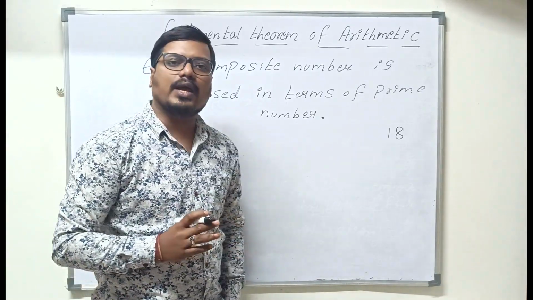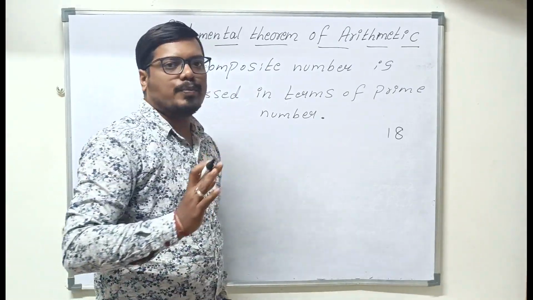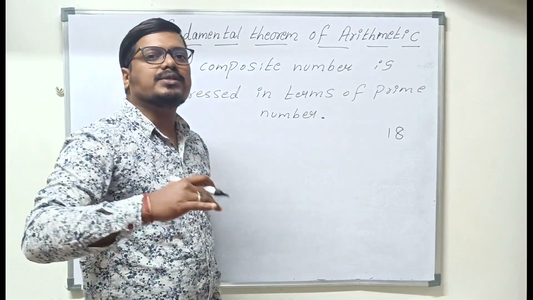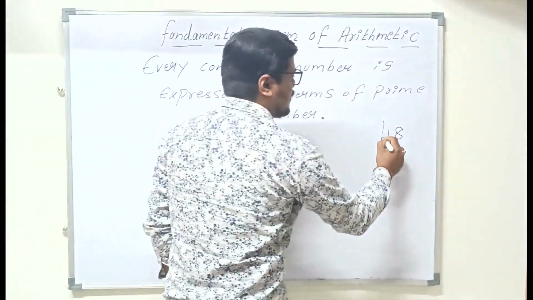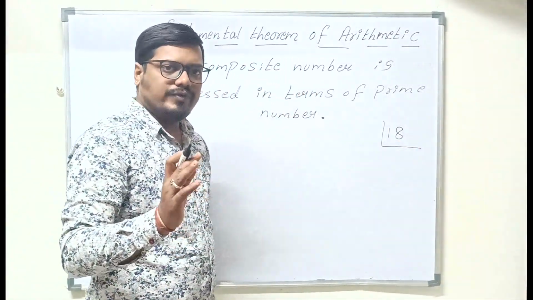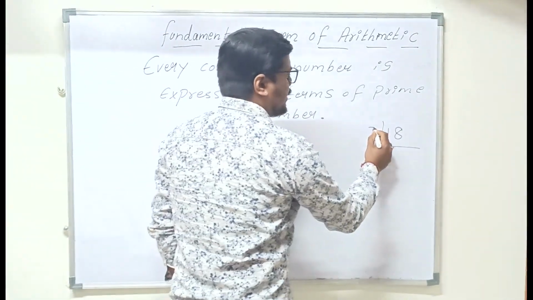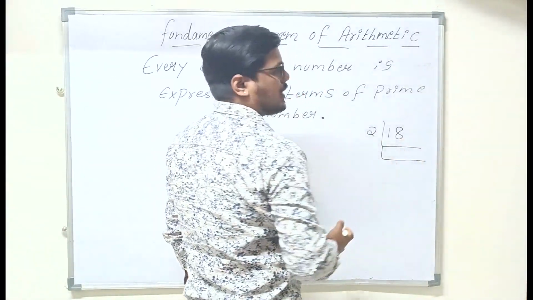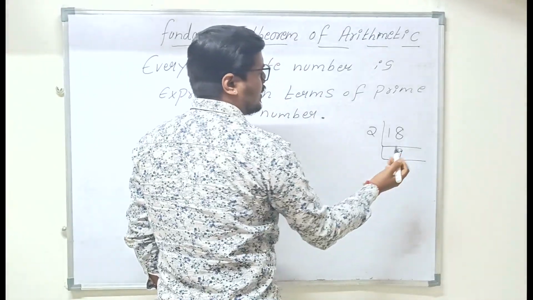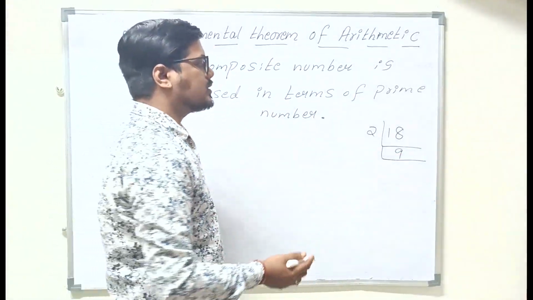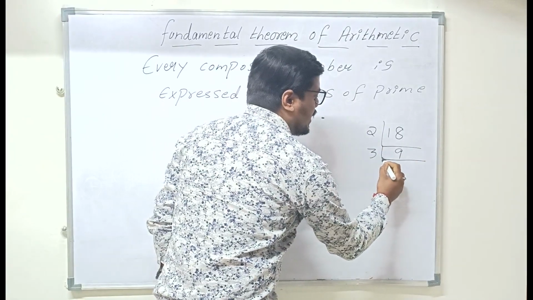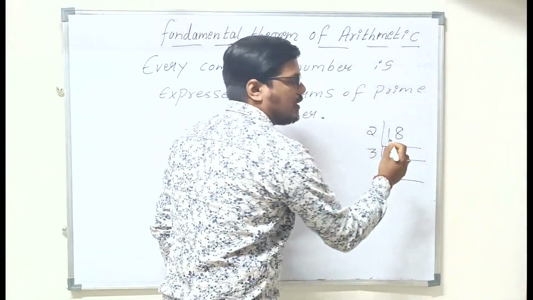Now let us check with 18. 18 is a composite number. You're going to express that in terms of prime numbers. 18 is an even number, so we can divide it by 2. In the 2 table, how many times will 18 come? 2 9s are 18. Am I right, children? Next, let us divide 9 by 3. 3 3s are 9.